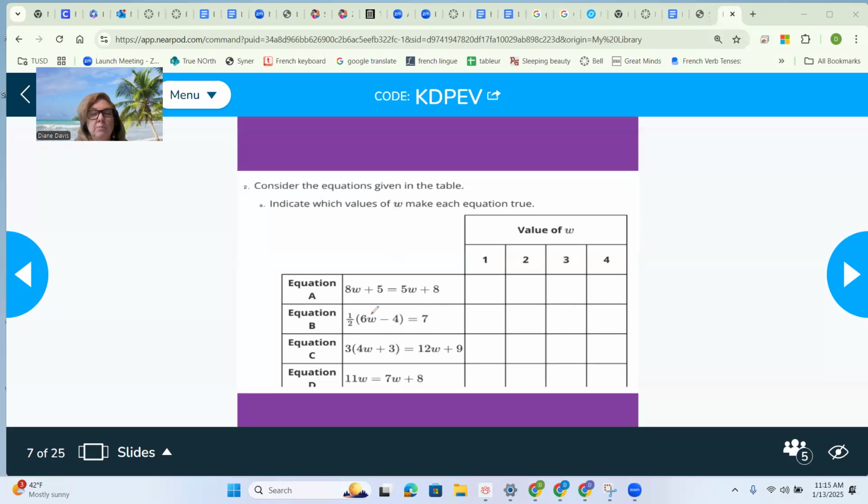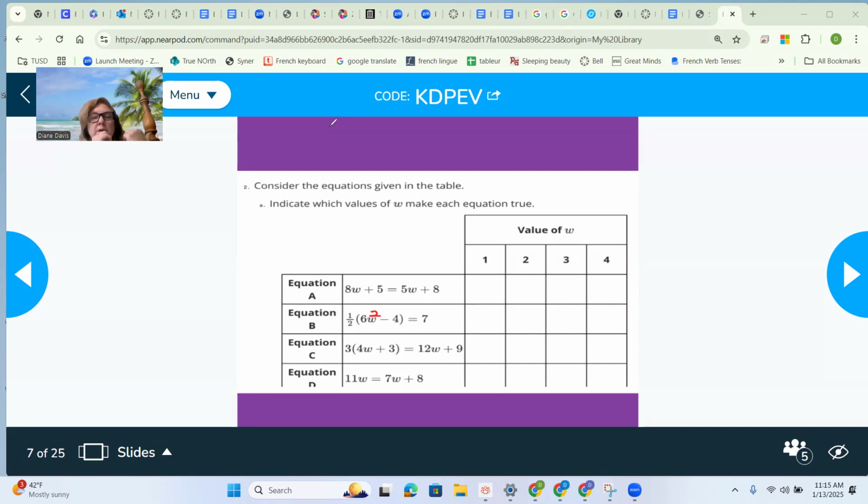What about if I put a 2 in here? Does that equal 7? Can anybody guess what's going to be the solution? Can you look at it and tell? Will it be 2? Will it be 3? What do you think?